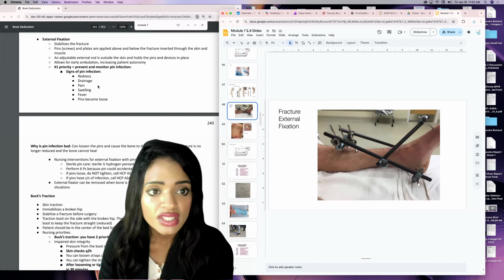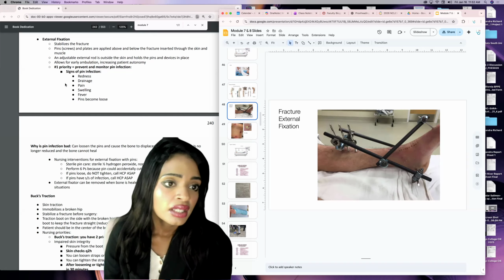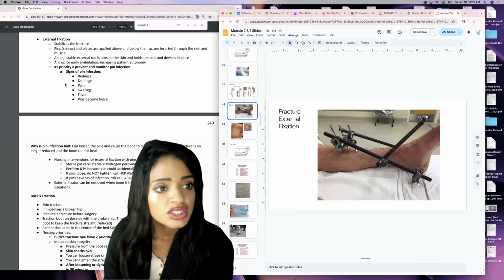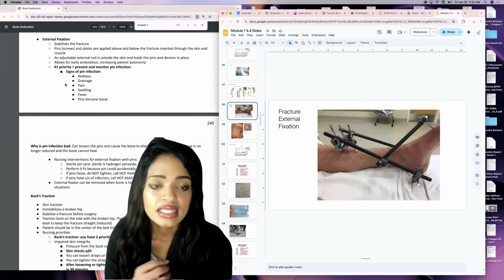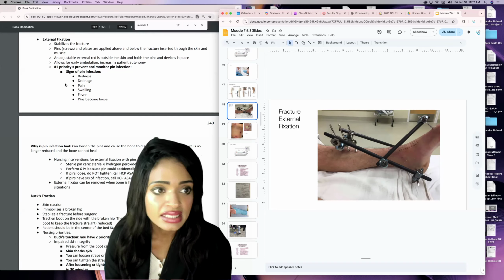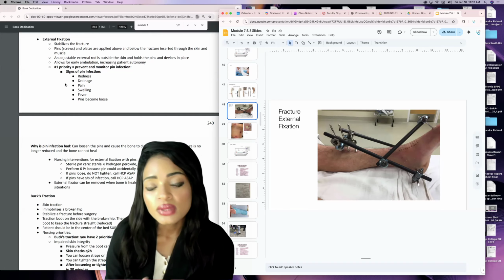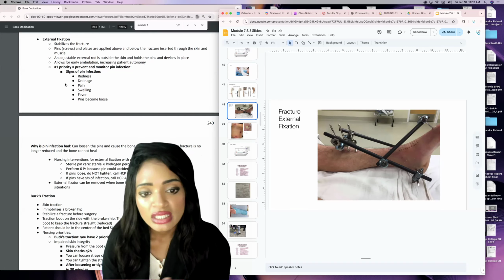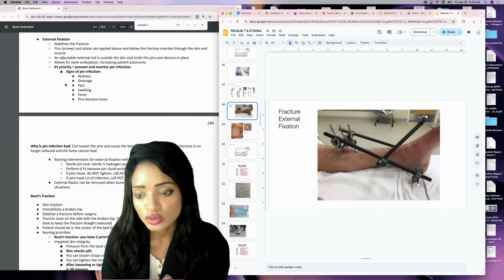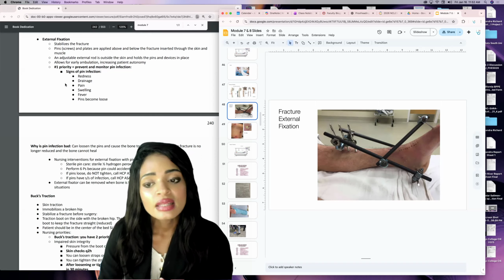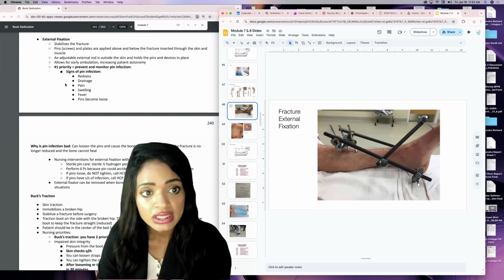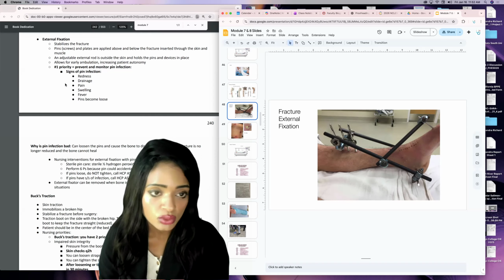So I want you to know this for NCLEX. An adjustable external rod is outside the skin and holds the pins and devices in place. They use the pins and plates above and below the fracture to keep the fracture reduced, which means aligned. And then they put the devices externally to hold those internal devices in place.